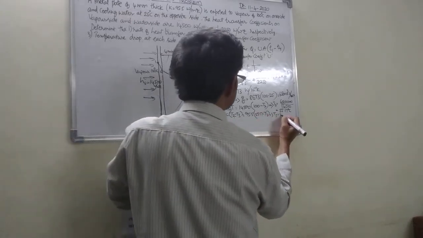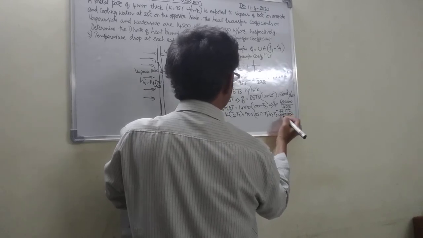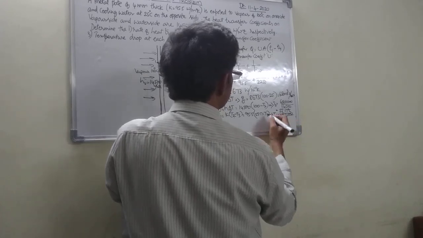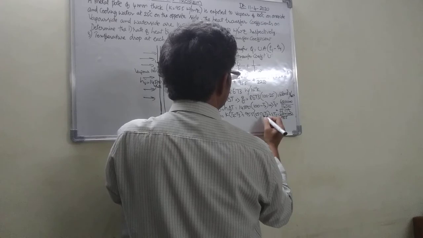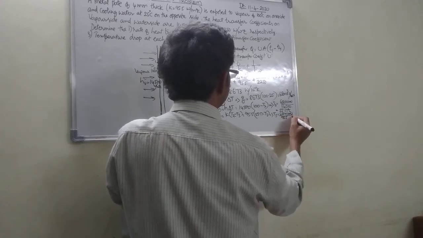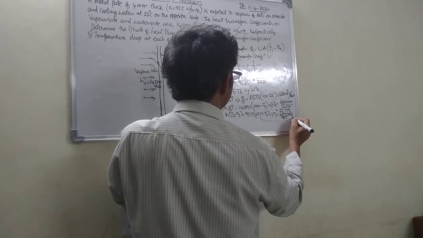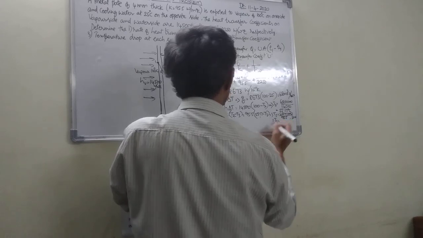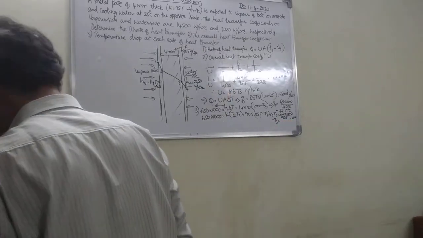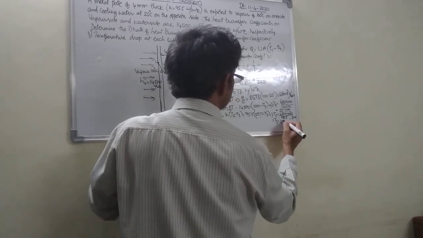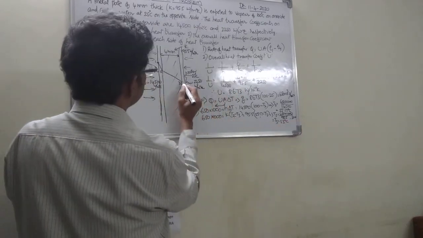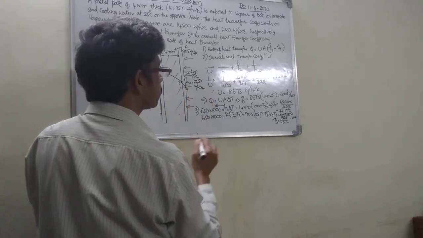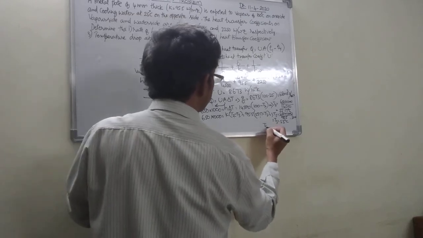So that is 650 into 1000 divided by 95.5, then minus 55.17. If you do this, T3 is coming to around 53 degrees centigrade. So the temperature at this point is 53 degrees, and T4 we already know, that is 25 degrees.